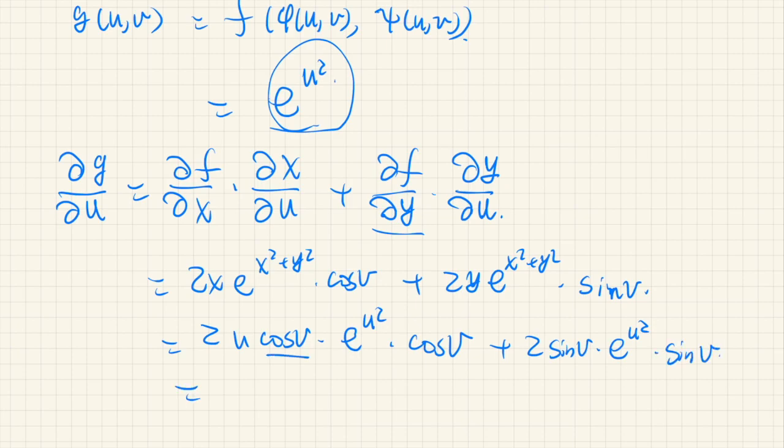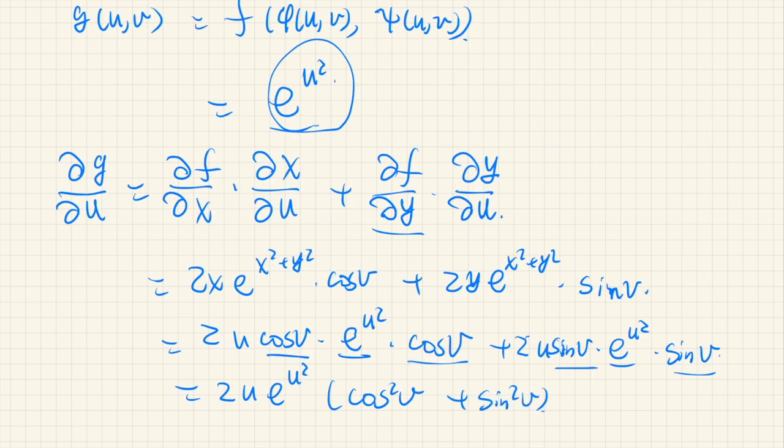So we have cosine v, sine v, and u, and wait a minute, I forgot u here. Okay, so we have 2u e to the power of u squared, and cosine squared v plus sine squared v.